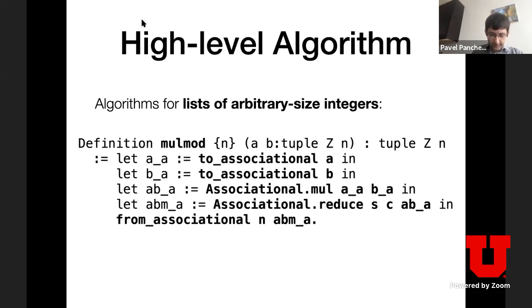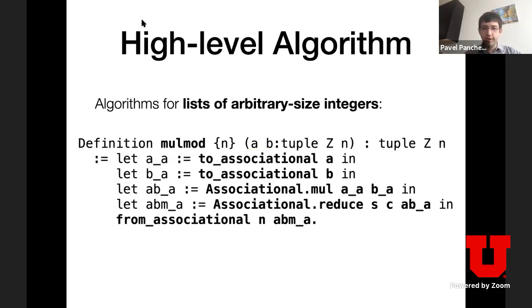This code defines a function called molmod. It takes place modulo some crypto system, which is represented here by n. It takes in two numbers, a and b, and those are represented by a list of arbitrary size integers related to this crypto system. And finally, it produces a number in that format as well.